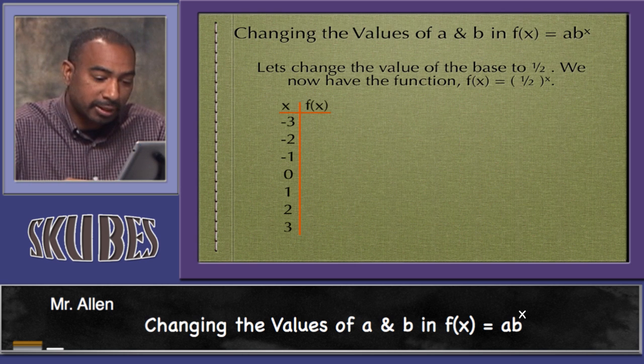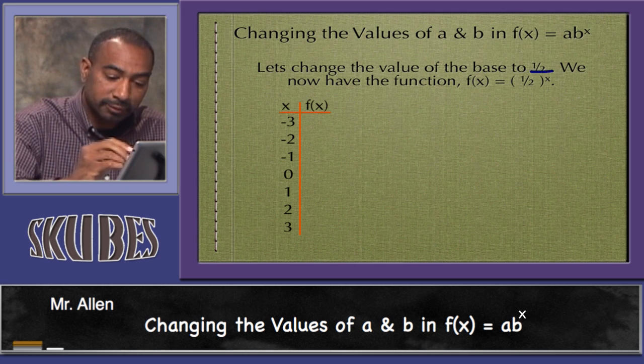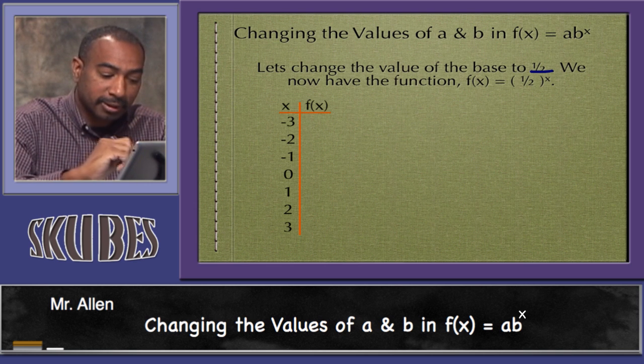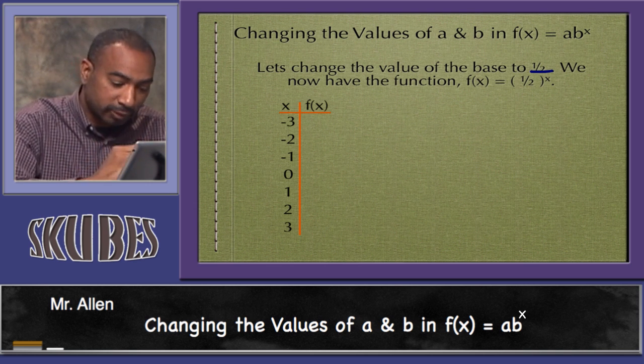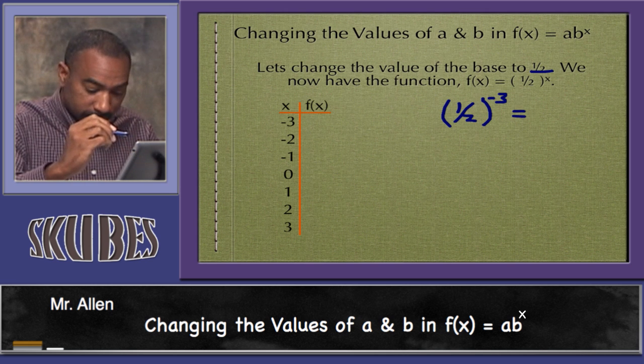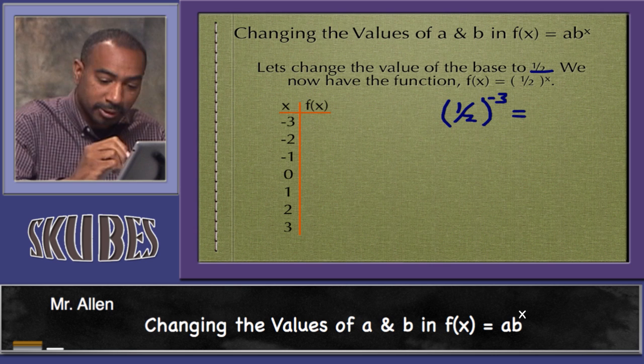So now let's change the value of the base. Let's say instead of 2, we're going to use 1/2. We now have the function f of x equals 1/2 to the x power. So if I plug in -3, I get 1/2 to the -3. And what happens is you're going to flip this over.